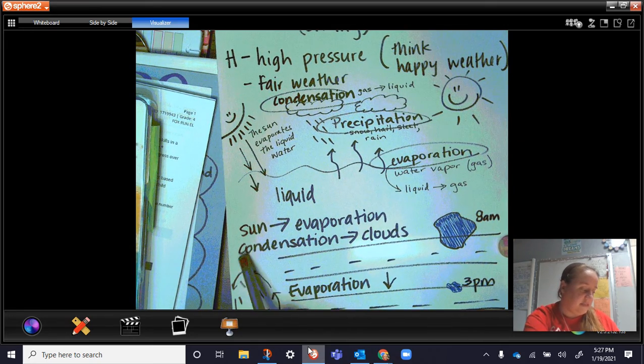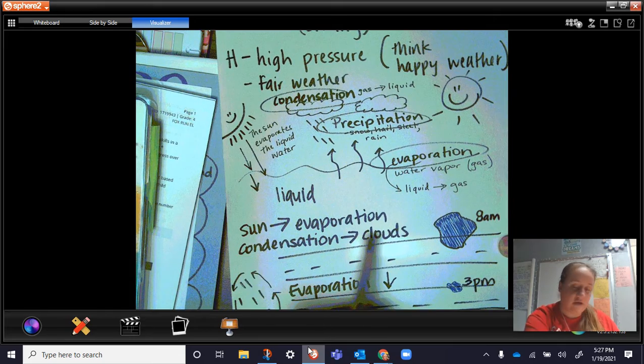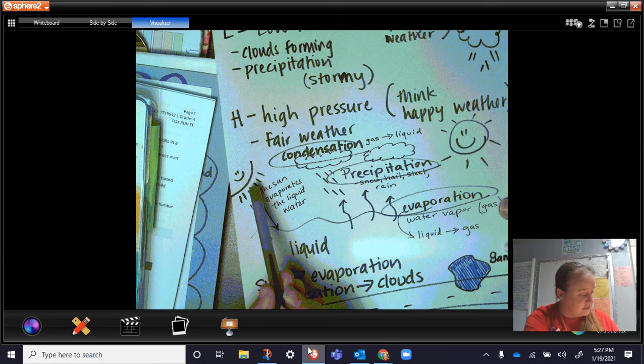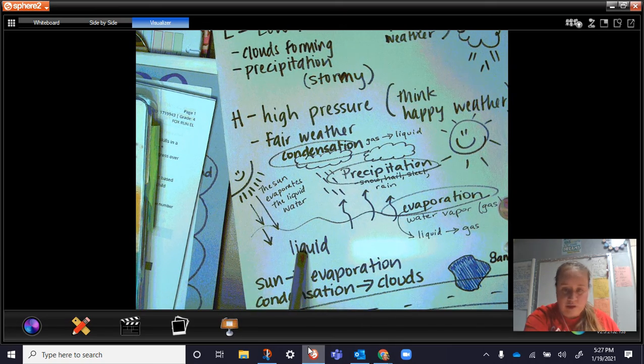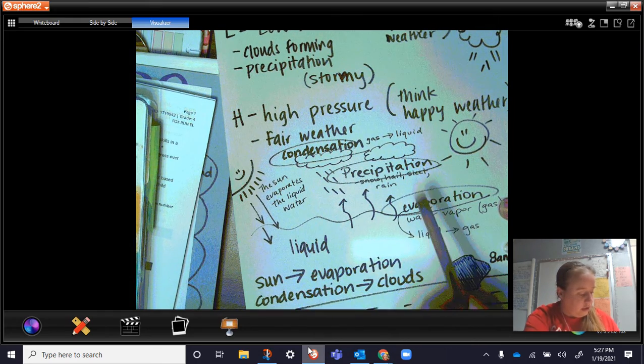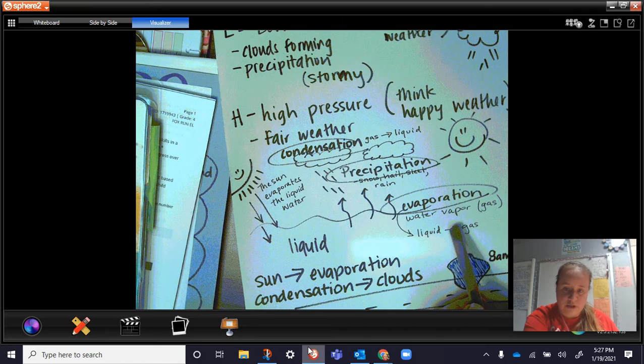Condensation, forming those clouds up here. So the sun evaporates the liquid water. Let's say this is our ocean here. We've got liquid water, the sun heats the water, and the process is evaporation, when it turns from a liquid to a gas.